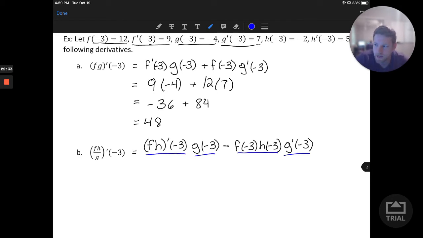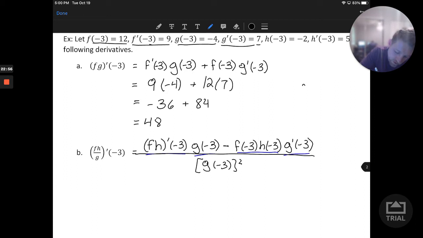And then finally, after that, in this denominator, because this is a quotient rule overall, I would want to take the g of -3 quantity squared. So again, with the derivative of a quotient, this is the pattern we're using: the derivative of the numerator, so n prime d minus n d prime, divided by the denominator squared.